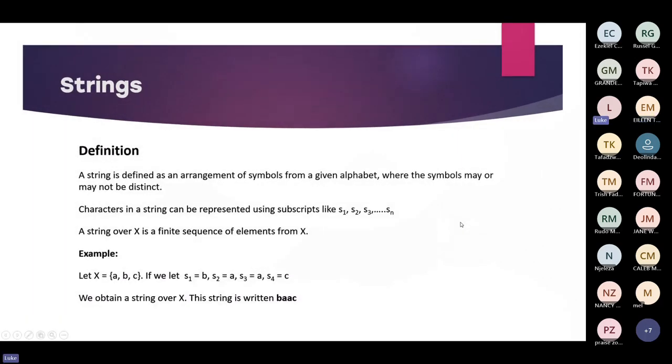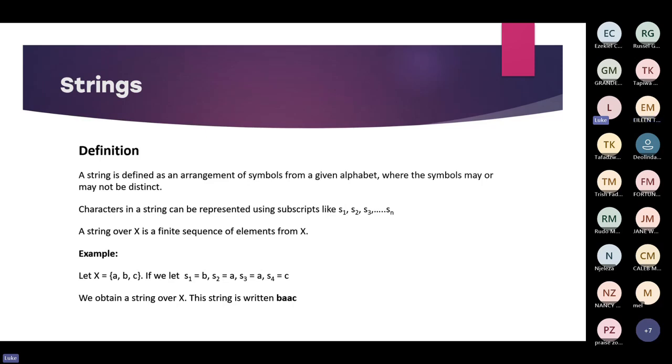Right. We are now moving on to strings. A string is defined as an arrangement of symbols from a given alphabet where the symbols may or may not be distinct. Characters in a string can be represented using subscripts like S1, S2, S3 up to Sn.